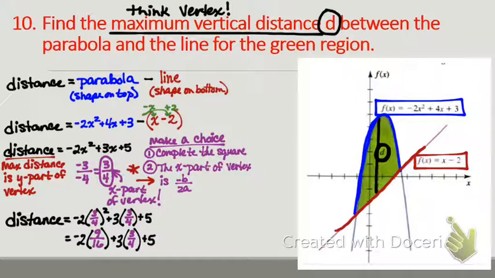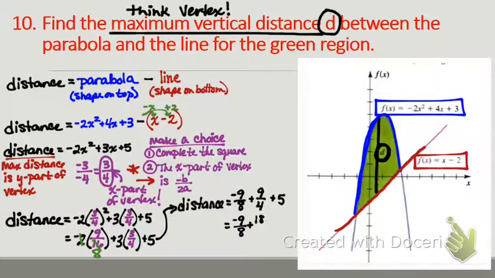Can I reduce when I do negative 2 times 9/16? Yeah. I can divide both of those by 2. So I'm going to end up with negative 9/8 there. My distance is equal to negative 9/8 plus 9/4 plus 5. I'm going to need a common denominator. What should that be? 8. So negative 9/8 plus 18 over 8 plus what? 40 over 8.